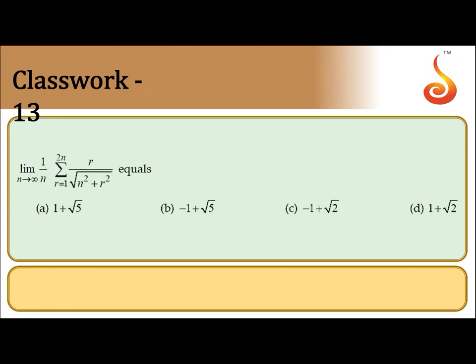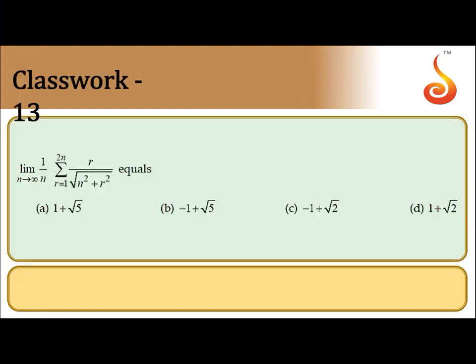Coming to the 13th one, limit of a sum. As I told you last class, the limit as n tends to infinity of 1 by n sigma of a function of r by n, where r runs from 0 to kn, can be replaced by the integral from 0 to k of phi of x dx.